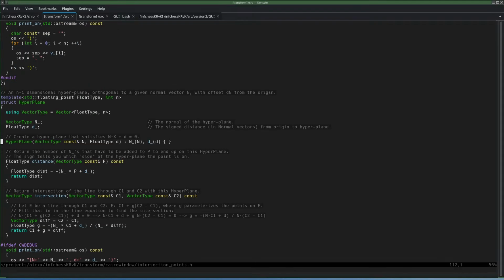So the hyperplane is defined by the normal, which is just all ones, and the distance to the origin. And I want it to go through the origin, so we have to pass 0 here.